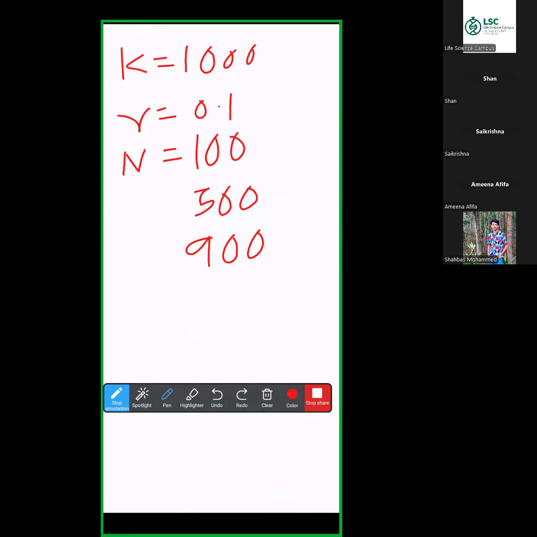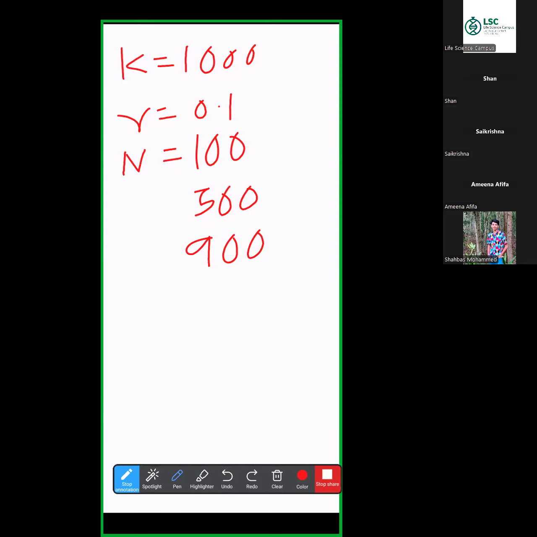So you have to find dN by dt values for these. There will be 3 dN by dt values.